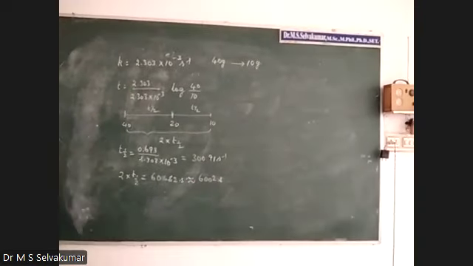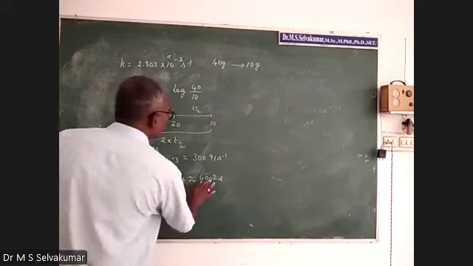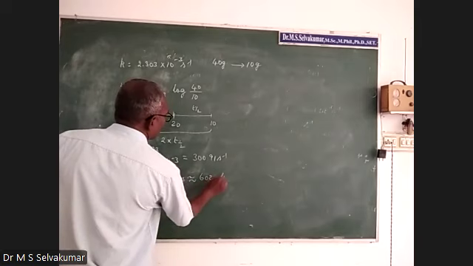So for a first order reaction having the rate constant 2.303 into 10 power minus 3 per second, the time required for the reactant to come down to 10 gram from 40 gram is 602 seconds.